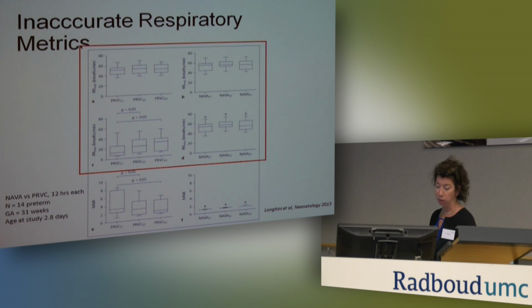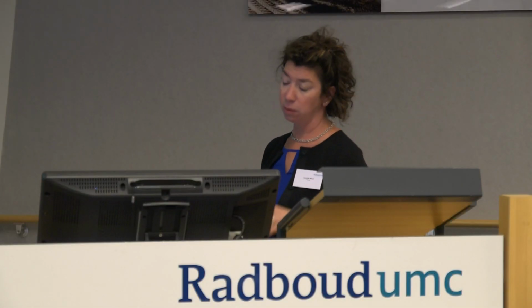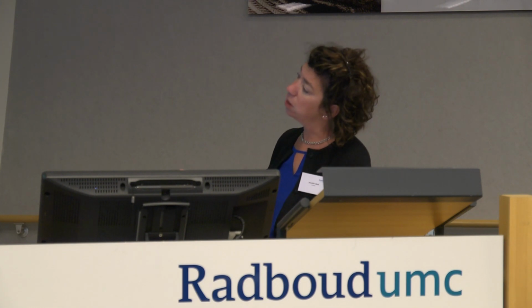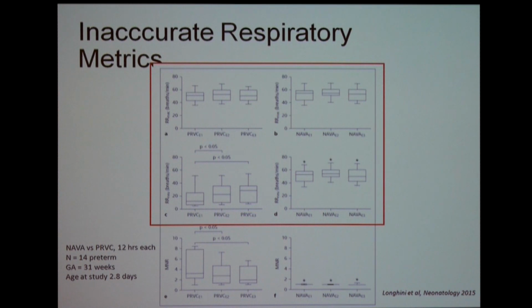One of the things we can learn also about the diaphragm activity is respiratory metrics. So I think a lot of clinical decisions are based on respiratory rate at the bedside. As of today, the respiratory rate you see on a ventilator is the ventilator respiratory rate. It's not the patient's. So this is a study that was done in preterms. It's Paolo Navalesi and his group.